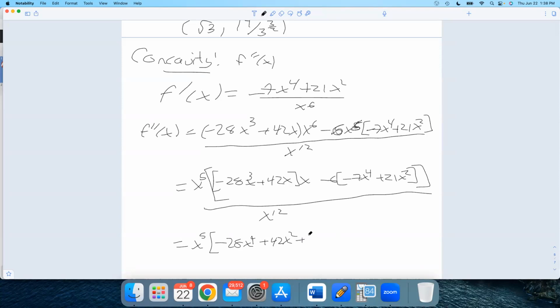I get a plus another 42. And this one's x to the 4th. And then 6 times 21, I think that's 126. That would be 120 plus 6, 126x squared, and that's going to be negative. And that's all over x to the 12th.